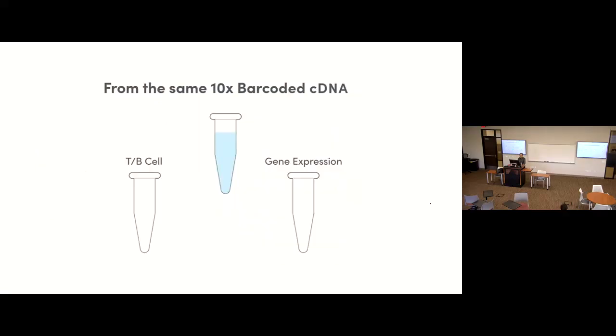But once we have prepared this, we have the barcoded cDNA. Then we put half of this into the regular single cell RNA-seq. So this is what we are doing in routine.